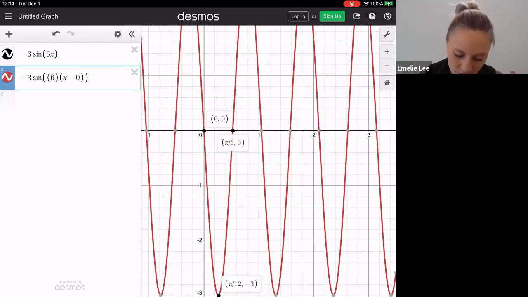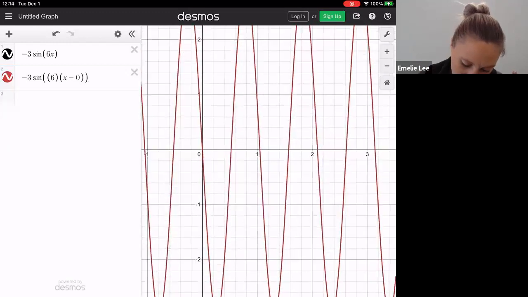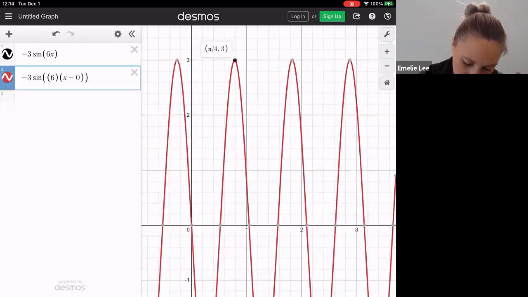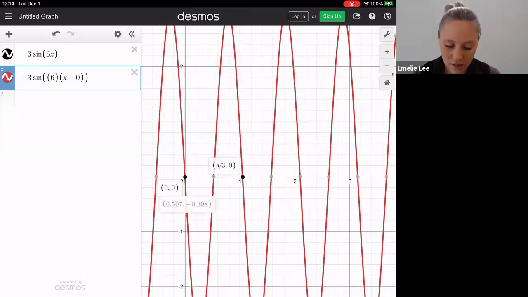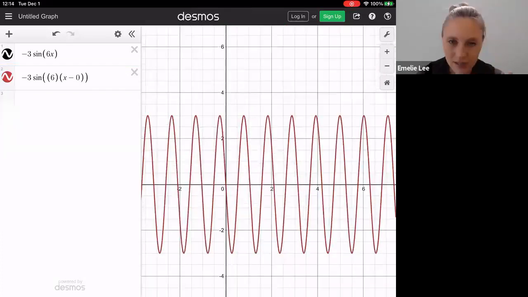Okay, pi over 6, and then up to 3, pi over 4, and then a whole cycle happened in a distance of pi over 3. So it looks good, right? We started here at 0, 0, and then we got to pi over 3, and the whole cycle's in there. But if you zoom out, it's all smushed together and stretched out.